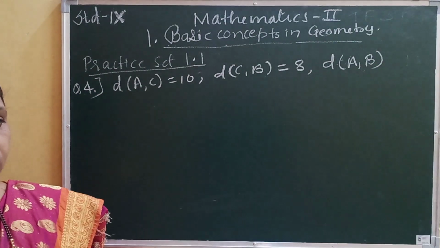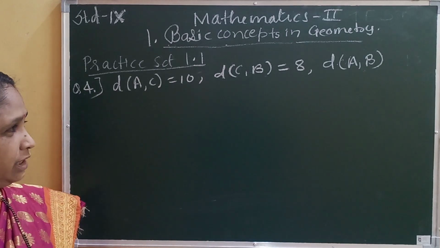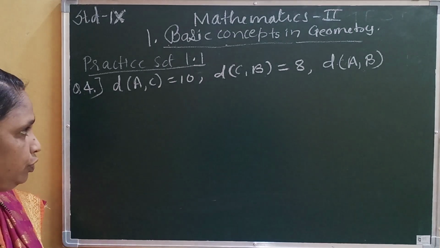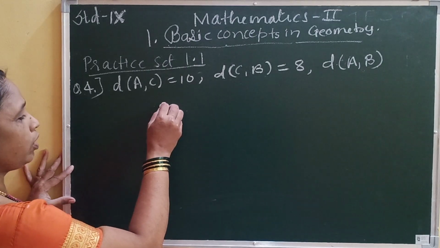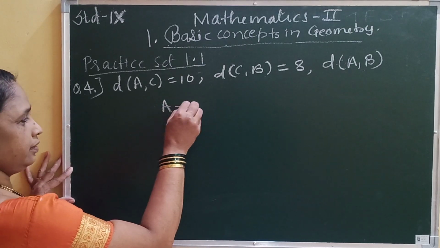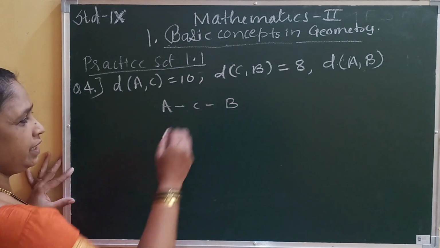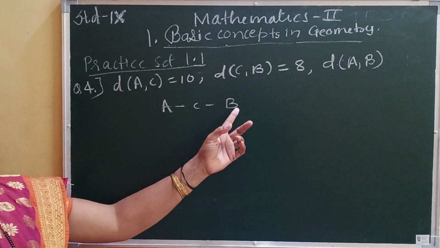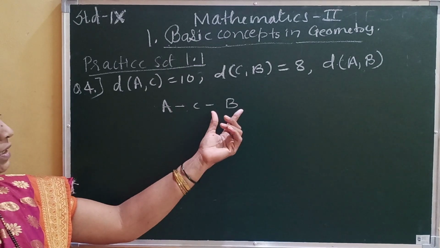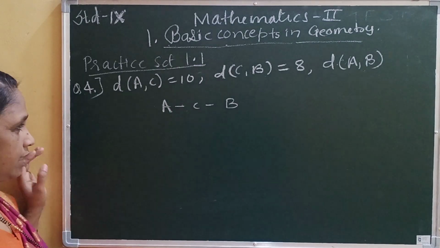Now for this we will have 3 possibilities. Now by figure I will show you how it is. Now see, 10 it is, means A, C, B it will be. A, C, B means AB will be equal to AC plus CB. One case.